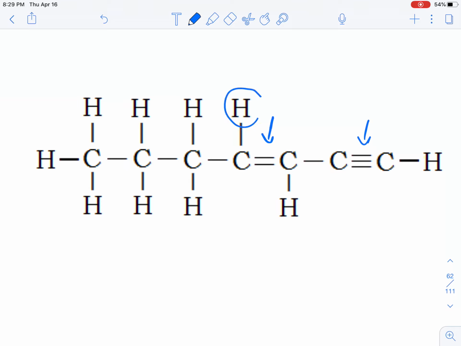Notice the number of hydrogens on the carbon that has the double bond is minimal, right? It's unsaturated. And it's even more unsaturated when you're looking at a triple bond. The two carbons that share a triple bond don't even have a lot of hydrogens. This carbon right here doesn't even have any hydrogens, and this one, since it's a terminal carbon, just happens to have one hydrogen.